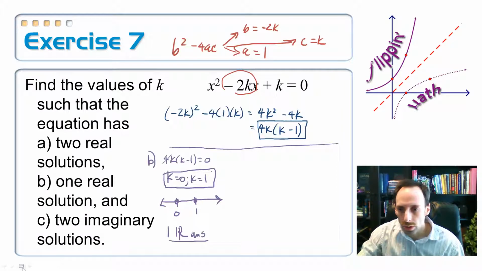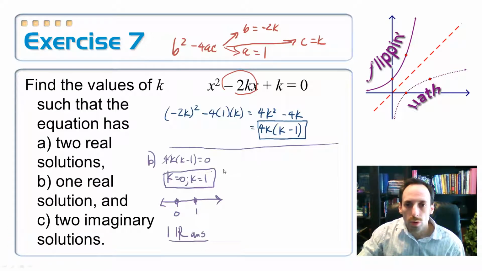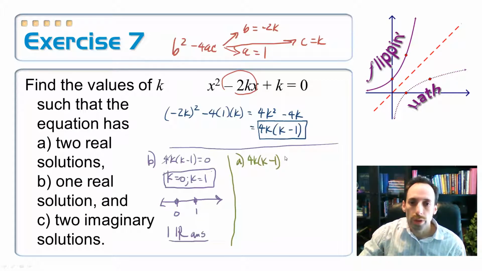The reason why the next two are a little tougher is because now we're working with inequalities. So let's go back up here to A for two real solutions. This time it's going to be 4k times k minus 1, and it's going to be greater than 0.